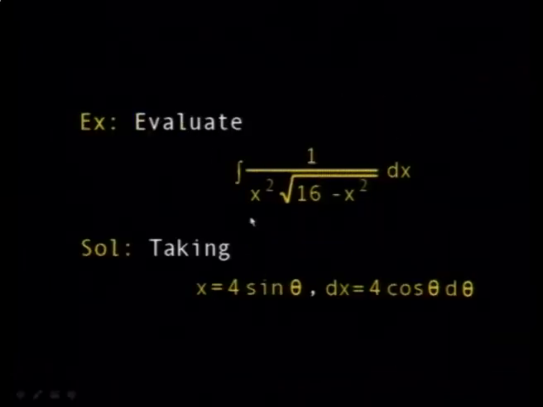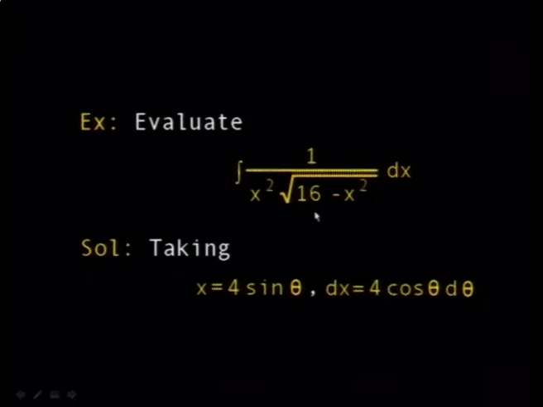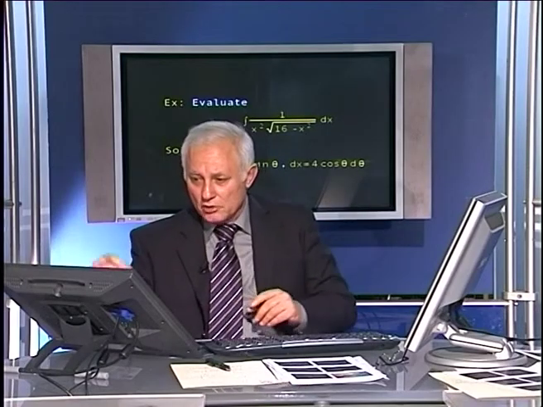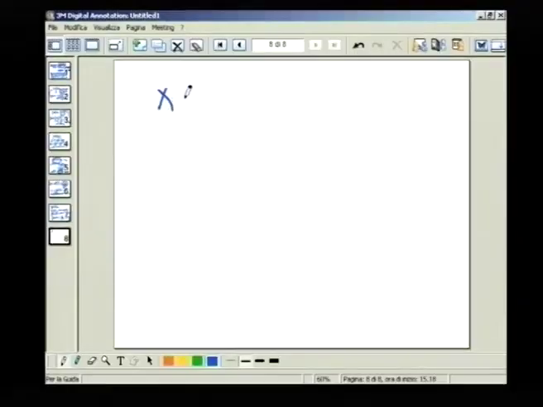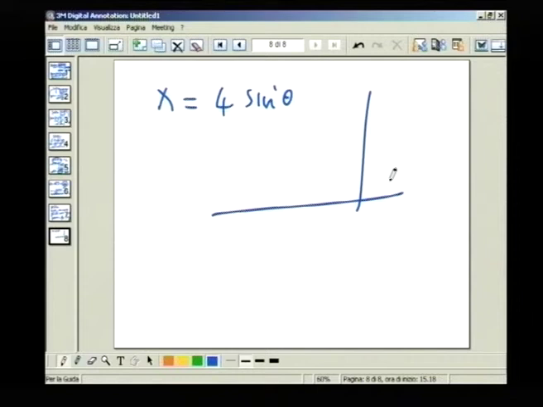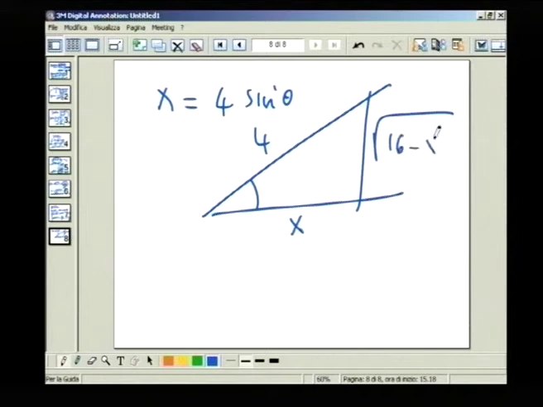Now, suppose you have an integral of this sort. What kind of substitution will remove the square roots? Of course, x is equal to 4 sin theta. Now, once you've chosen the substitution, you have to remember something. Here you choose x is equal to 4 sin theta. You have directly to draw a certain triangle. Sin theta is equal to x over 4, and this is the square root of 16 minus x squared.